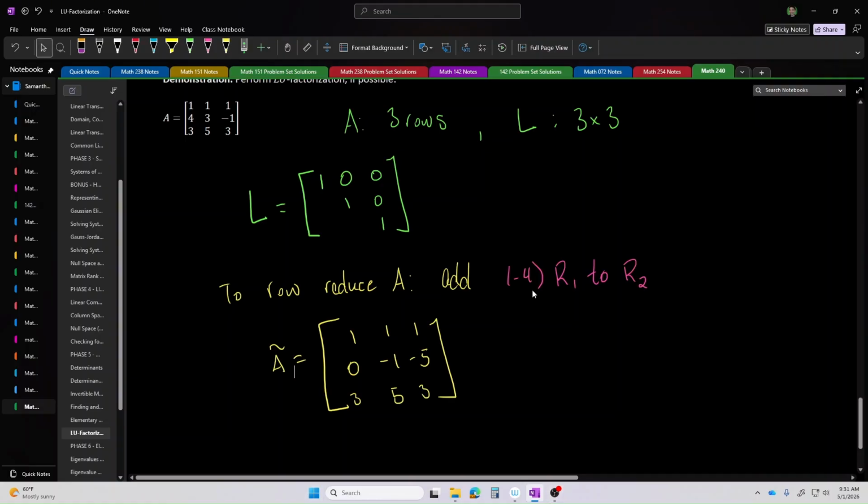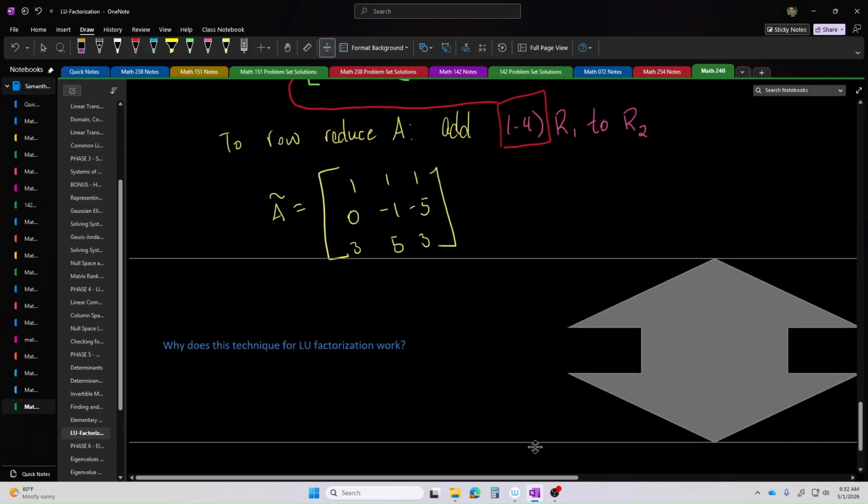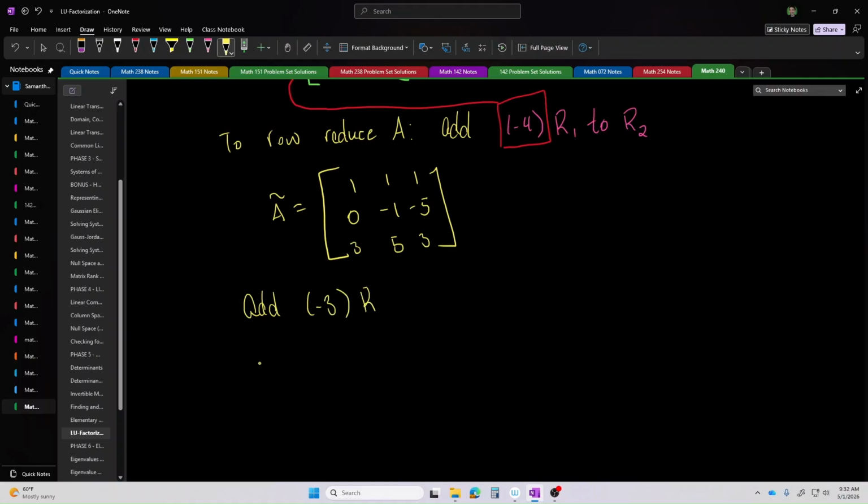Now, having performed that action on the matrix A, I'm going to fill in one of the blanks in my template matrix L. I'm going to take this number that I used in my row replacement operation, this number -4, and I'm going to put its negative +4 in this position here in the second row. Continuing to work on row reducing the matrix A, the next thing that I would do is add -3 copies of row number 1 to row number 3.